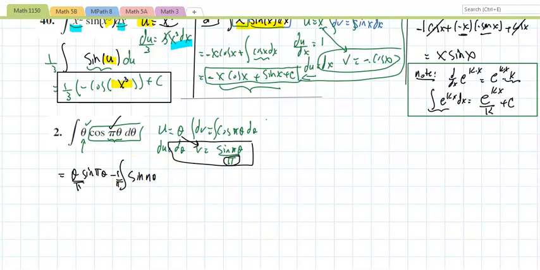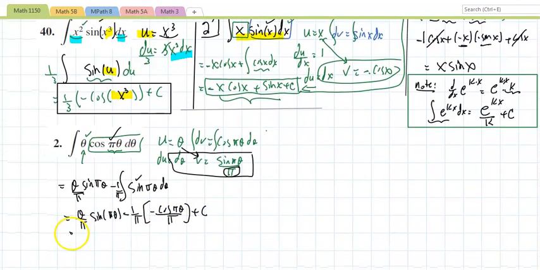Sine of pi theta d theta. So this will be theta divided by pi, the sine of pi theta, minus 1 over pi times, what do you take a derivative of to get sine? Negative the cosine of pi theta, and you divide by pi again.